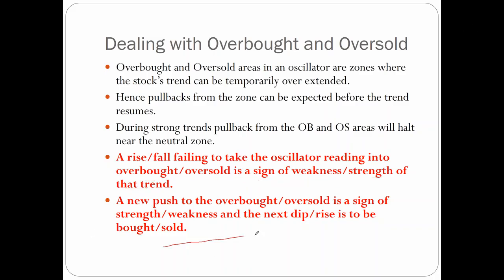Suppose it is RSI 70 here and RSI 30 here. The trend is rising and this oscillator goes into an overbought zone here. It moves down again and touches near 50, comes back up and moves down from here.